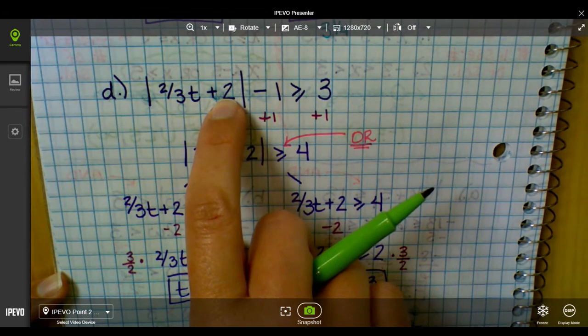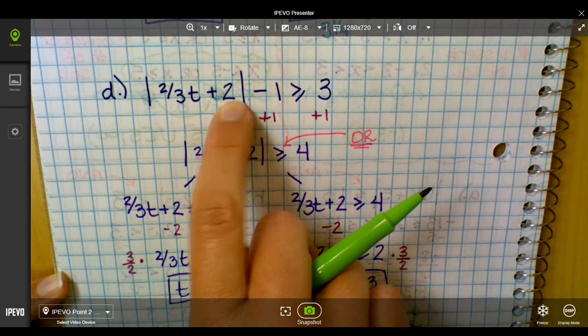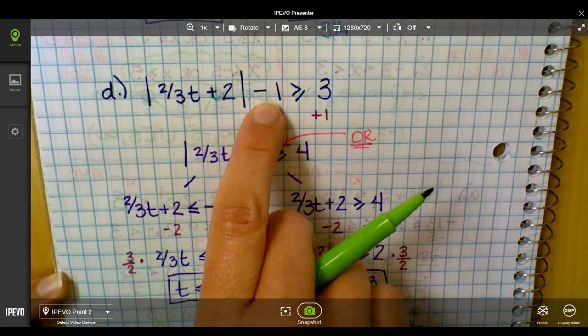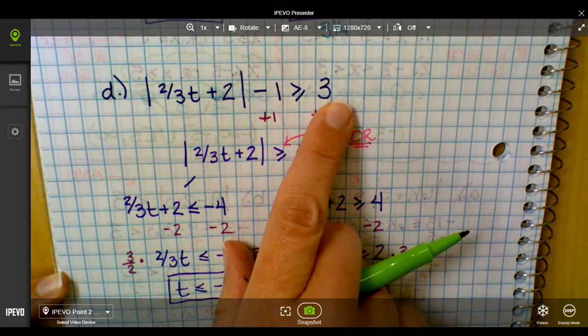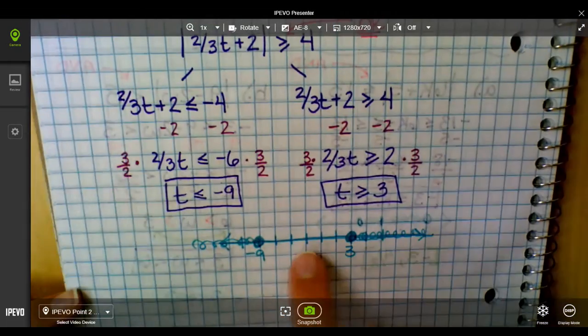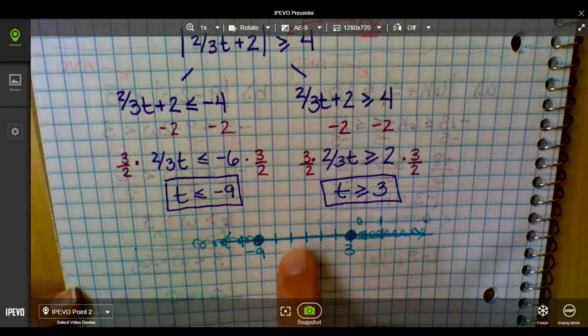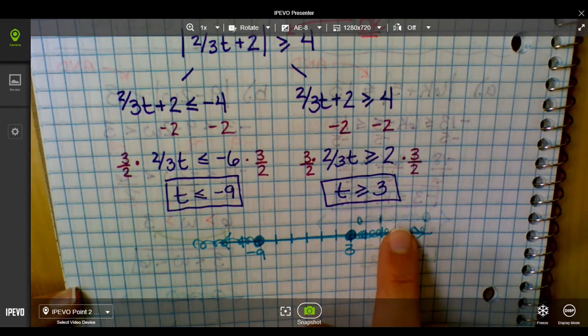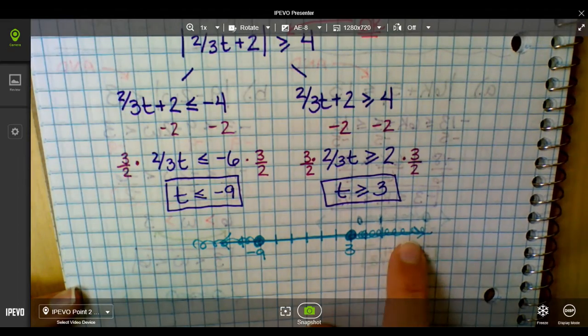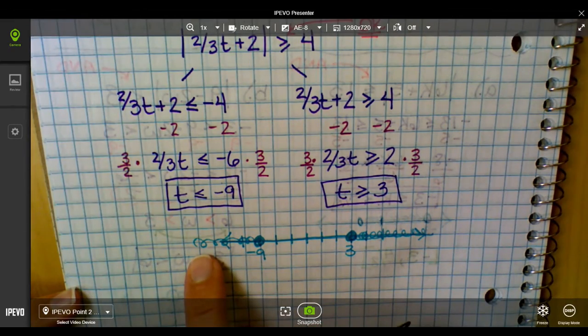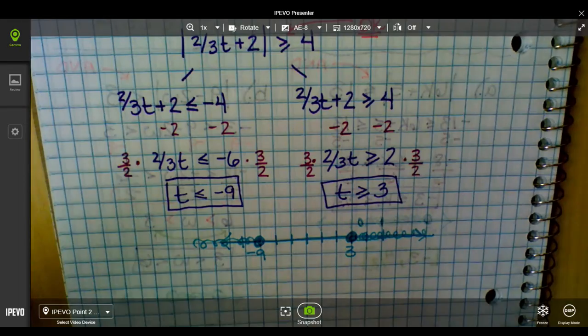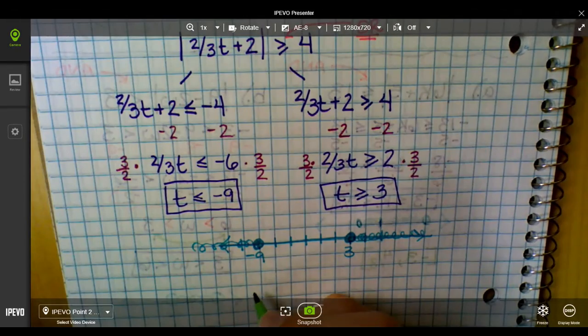Absolute value of 2 is just 2. And then I have 2 minus 1, which is 1. 1 is not greater than 3. So again, I plugged in a number that was not getting shaded, and it made it a false statement. That means I probably did this right. If you want to make sure, you can always plug in 4 or 5 or negative 10 or whatever like that. And you can always do that on a test or quiz just to make sure that you're doing it right. All right, but let's just finish this problem.